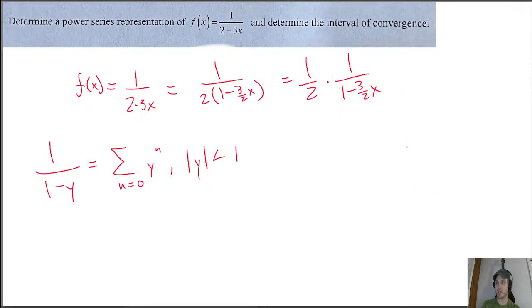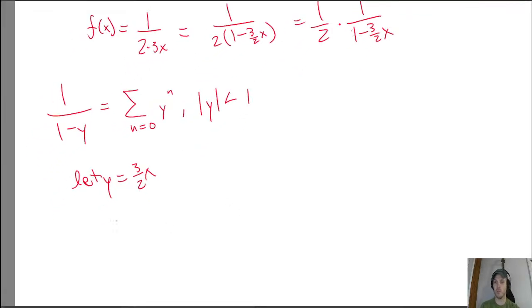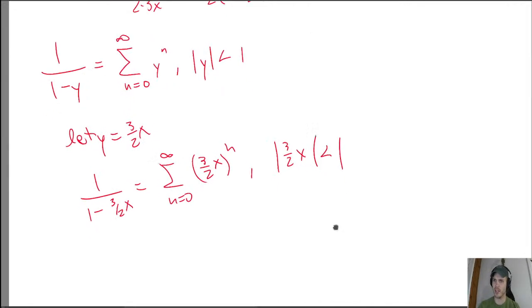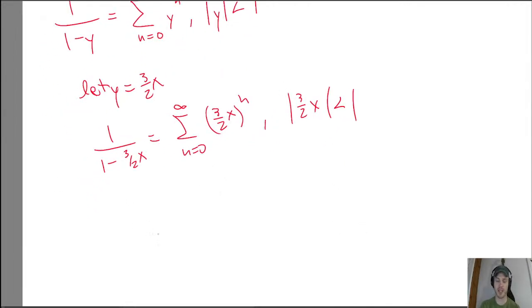So what I'm going to do is say let y equal 3/2 x, and then we can do 1 over 1 minus 3/2 x equals the sum from n equals 0 to infinity of 3/2 x to the n, where the absolute value of 3/2 x is less than 1, and then to get the rest of it, we'll just multiply that 1/2 back in.